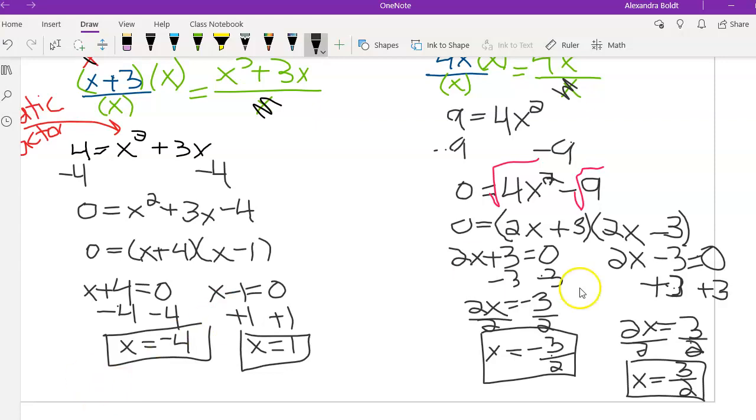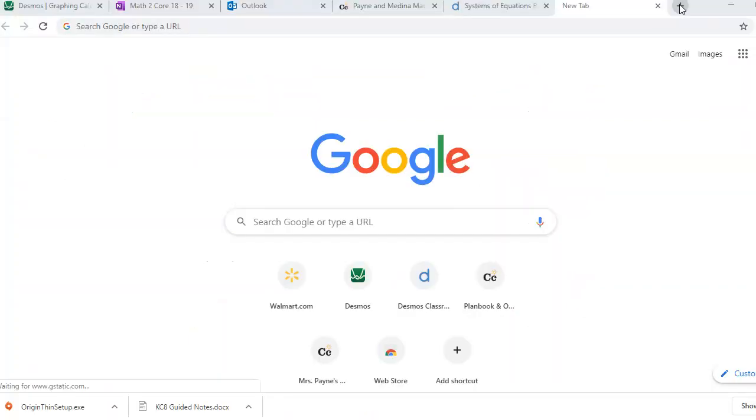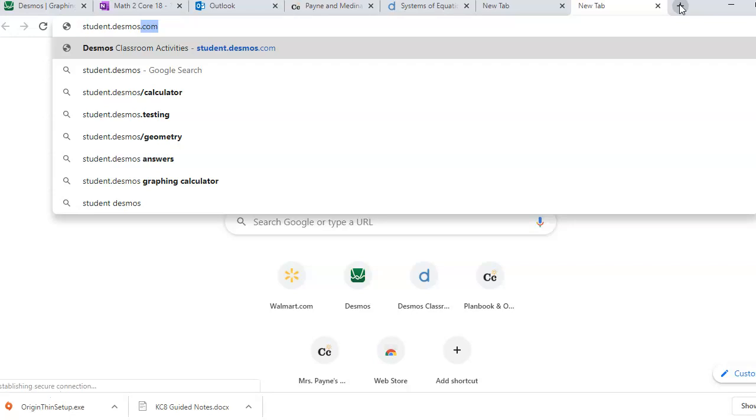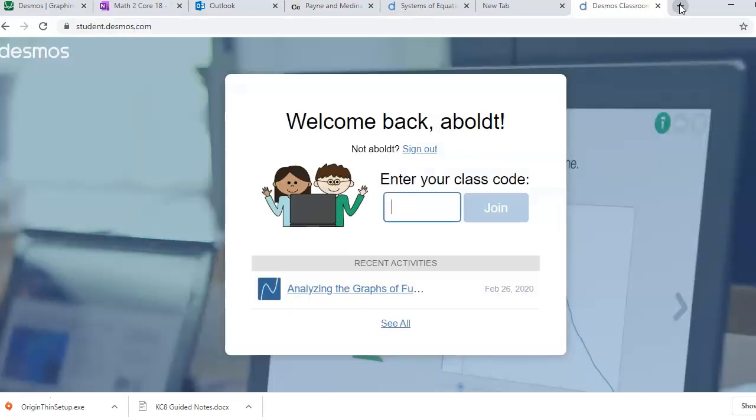Oh, what I was going to do next is show you what your activity actually is. So we're doing it on Desmos again. You'll go to student.desmos.com. It knows my name, but it doesn't have to know yours.